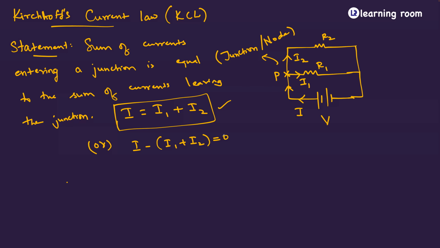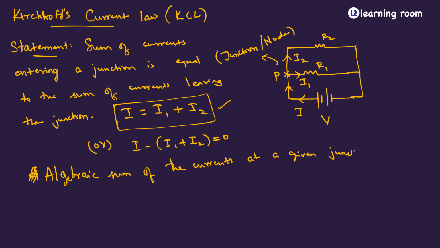So the alternate way is: the algebraic sum of the currents at a given junction is always zero.